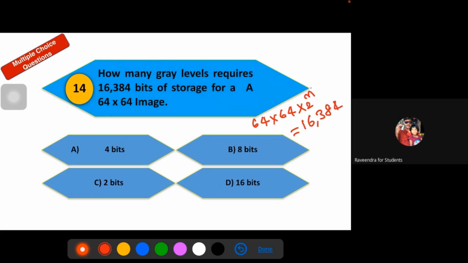Then we have to find out this n. So let us take the first one, 4 bits. So let us see the value 64 into 64 into 2 power 4. So what is 2 power 4? It is 16. So if you see 64 into 64 into 16, its value you will get is exactly 16,384. Therefore, the correct option is 4 bits, option A.